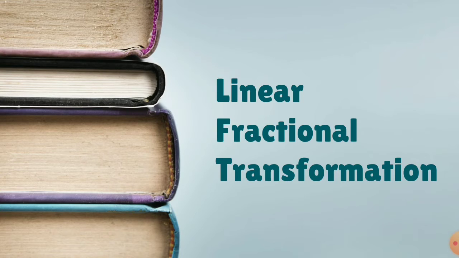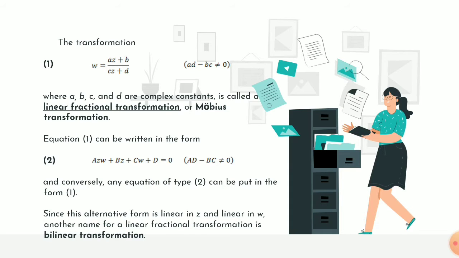Linear fractional transformation. The transformation W equals (AZ + B) over (CZ + D), where A, B, C, and D are complex constants, is called a linear fractional transformation or Mobius transformation.